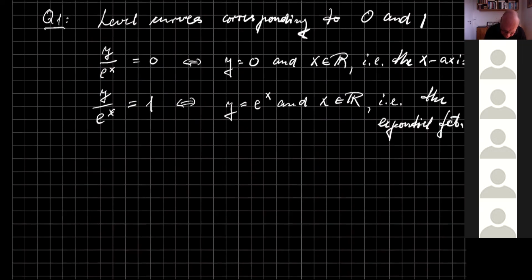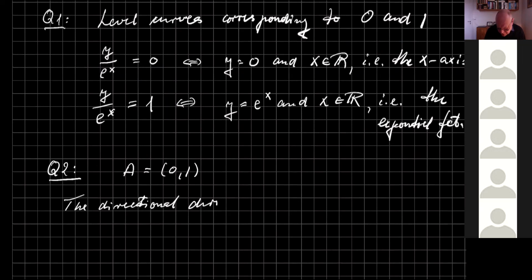I write here, this is question 2. And we will first need the directional derivative. If we call the point 0, 1 equal to A, then we are looking for the directional derivative. And this directional derivative has this form here.